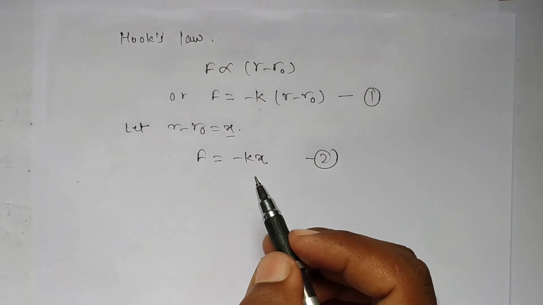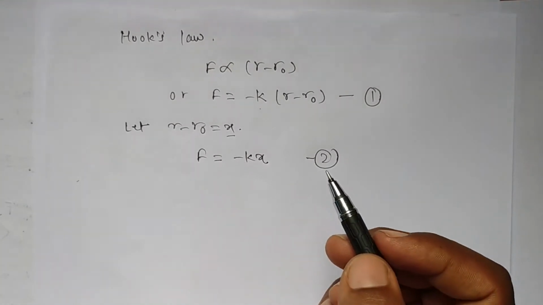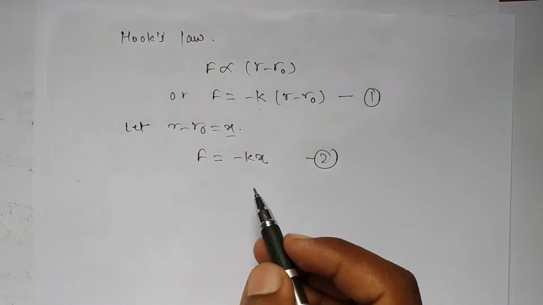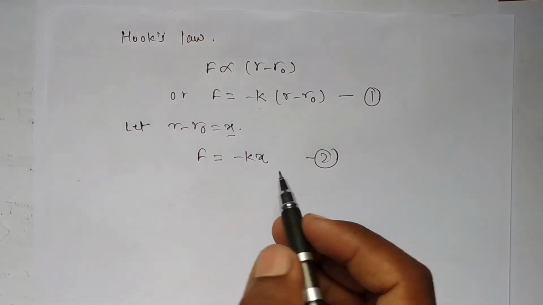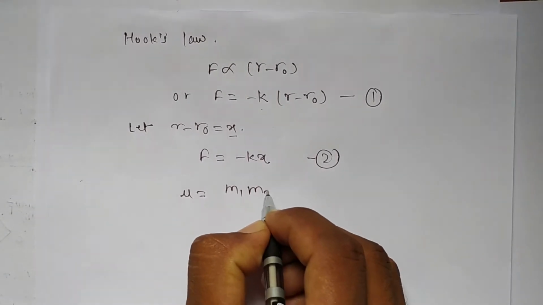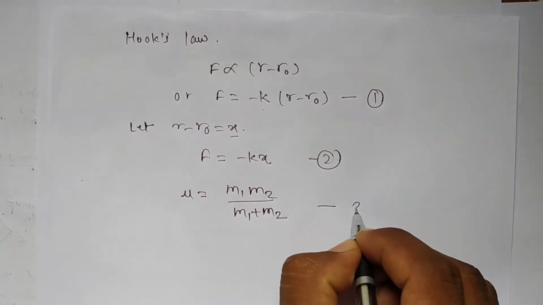Here m1 and m2 are the masses of the two atoms which form the diatomic molecule. So the reduced mass of the molecule is given by mu is equal to m1 m2 upon m1 plus m2.